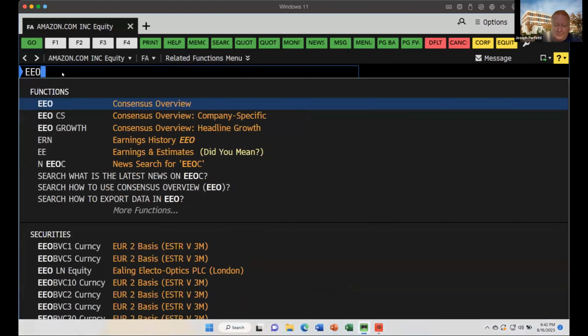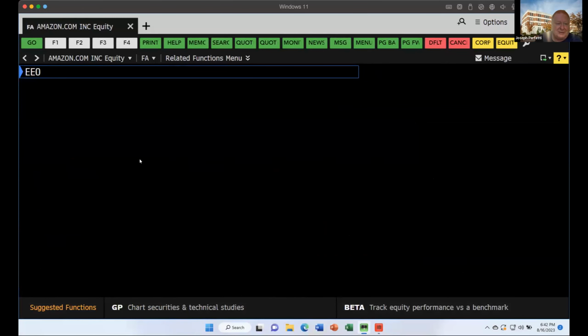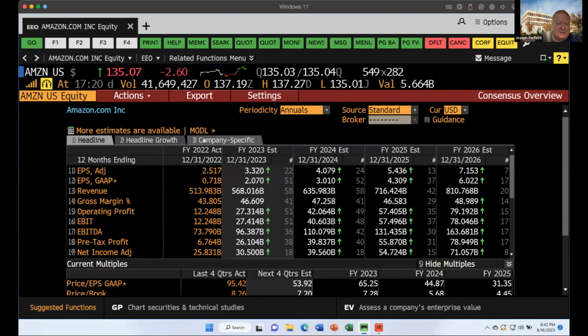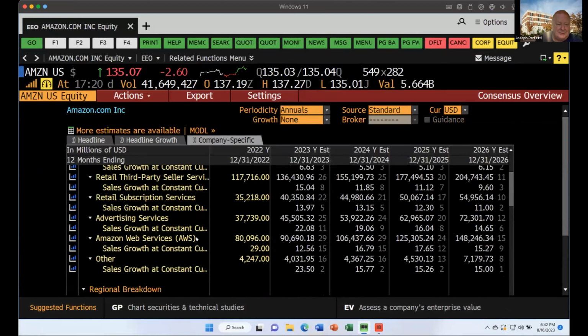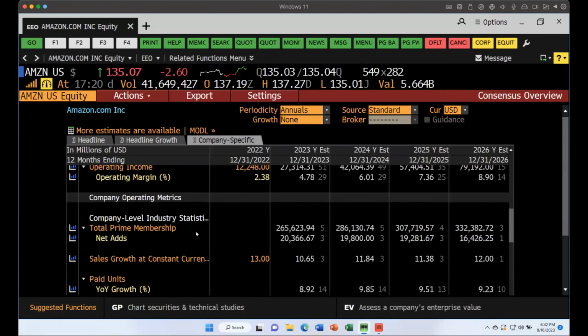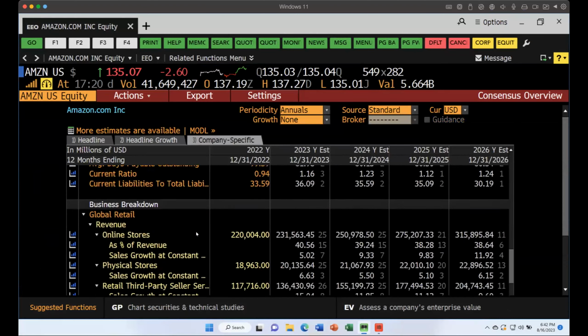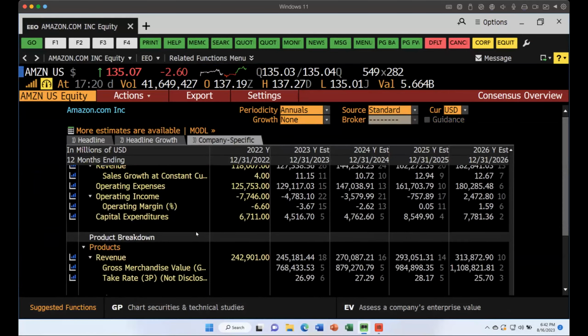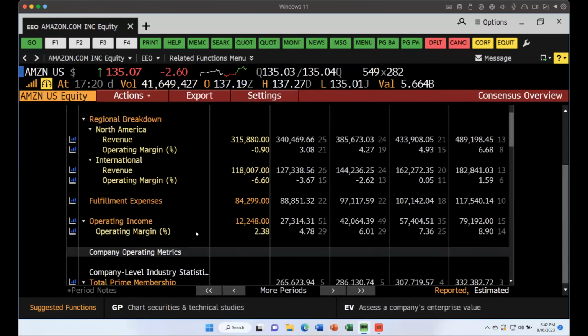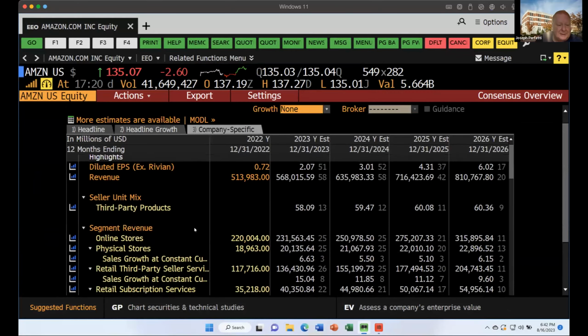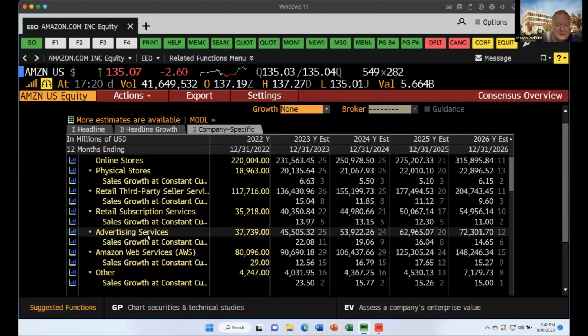All right, so there is a projection for AWS, which is, where is it? There it is, AWS.